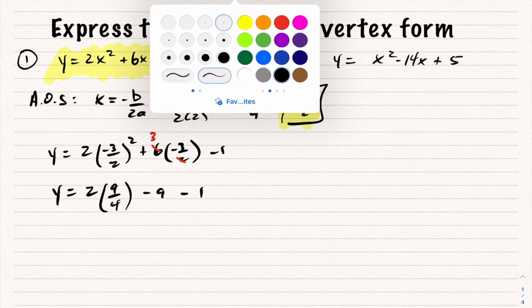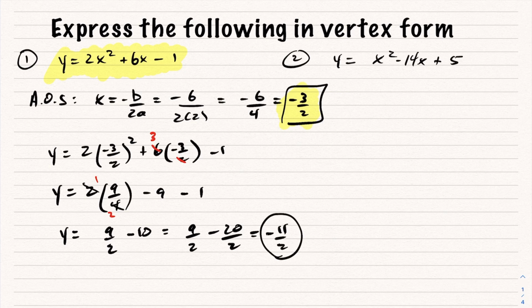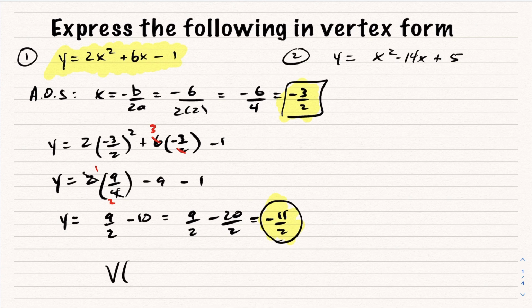Likewise, this will reduce to become 2 at the bottom. If I clean this up, we end up getting 9 over 2 minus 10, which is 9 over 2 minus 20 over 2, which is negative 11 over 2. So the vertex of this quadratic is minus 3 over 2, minus 11 over 2.